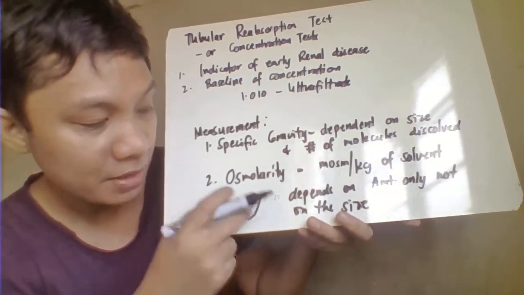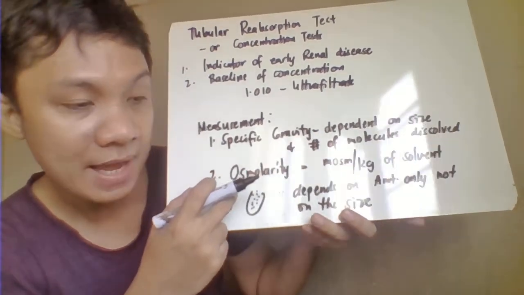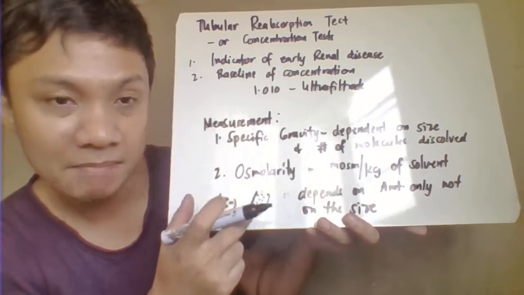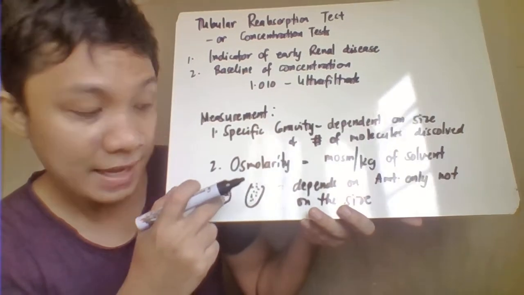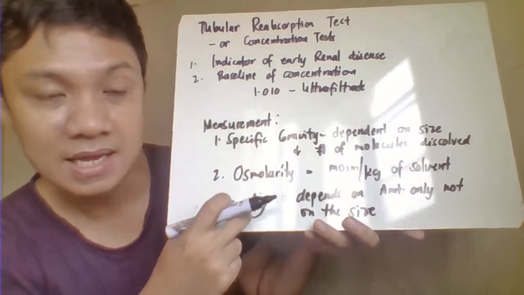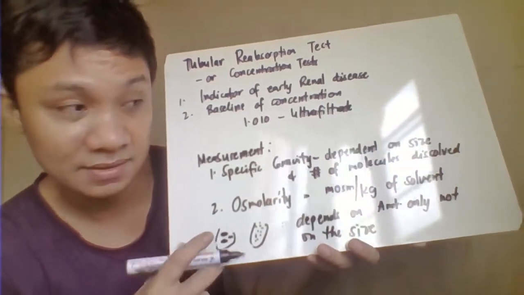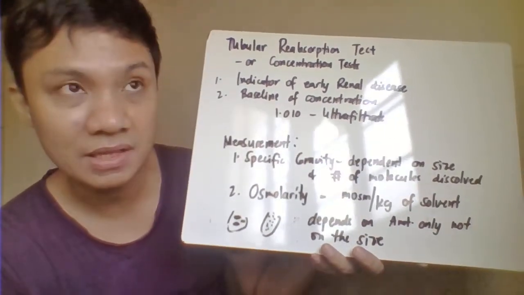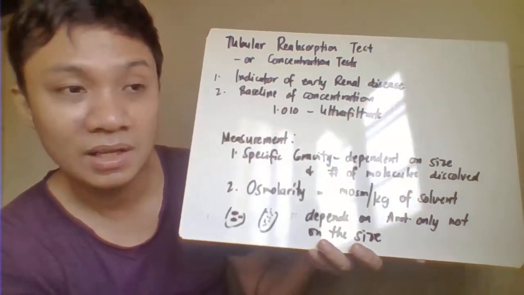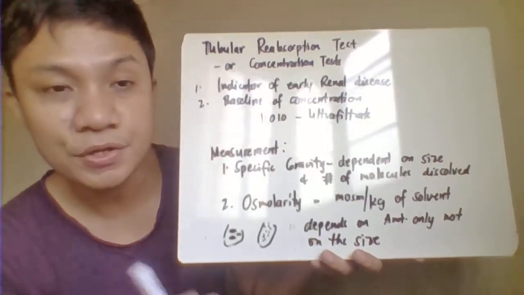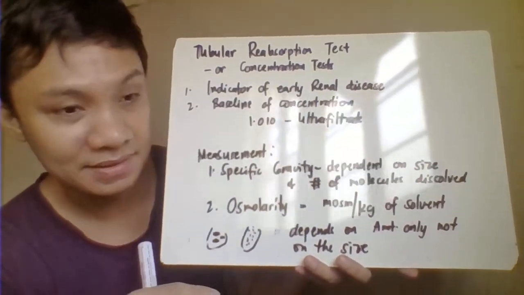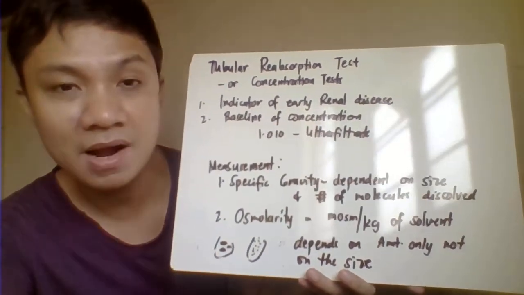On the other hand, kung osmolarity ang pagbabasihan natin, ito magiging mabigat compare dito. Again, your osmolarity is highly dependent on the amount, sa dami, not on the size. But your specific gravity is on the amount, the number of the solute dissolved plus the size. Yun ang pinagkaiba ng osmolarity natin.